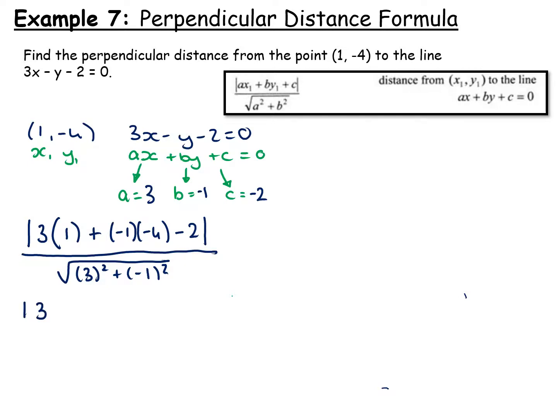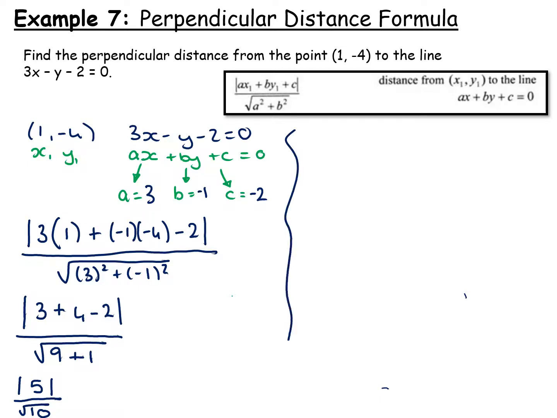So we get the absolute value of 3 + 4 - 2 all over the square root of 9 + 1. That's going to give us 3 and 4 is 7, minus 2, so the absolute value of 5 over the square root of 10. The absolute value of 5 is 5, over the square root of 10.